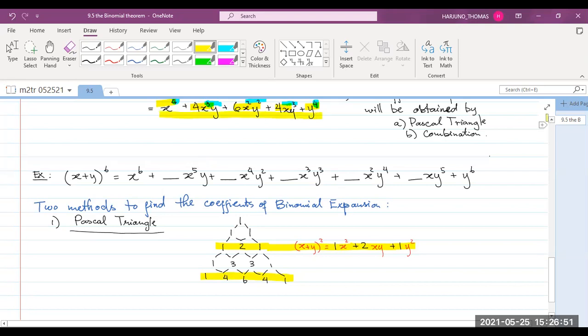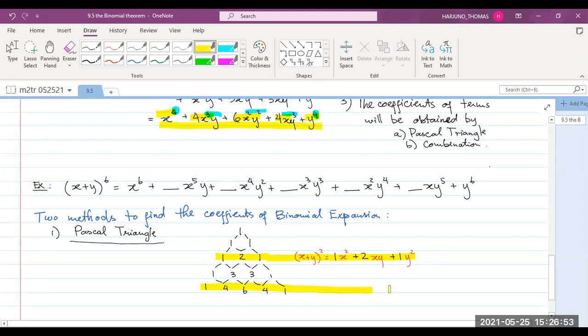Those are the coefficients. Okay, so let me write it down here. That represents (x plus y) to the fourth. For the terms, that will be x to the fourth plus x cubed y plus x squared y squared plus xy cubed plus y to the fourth, with coefficients invisible 1 and then 4, 6, 4, 1.